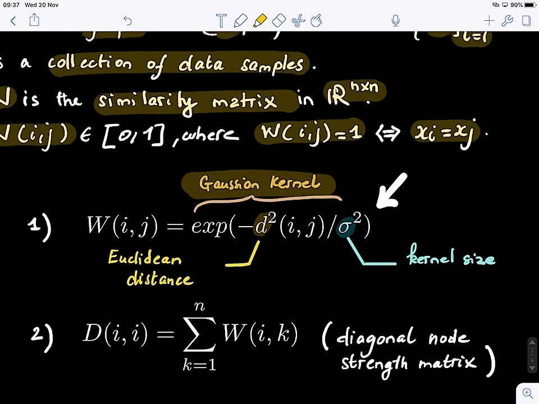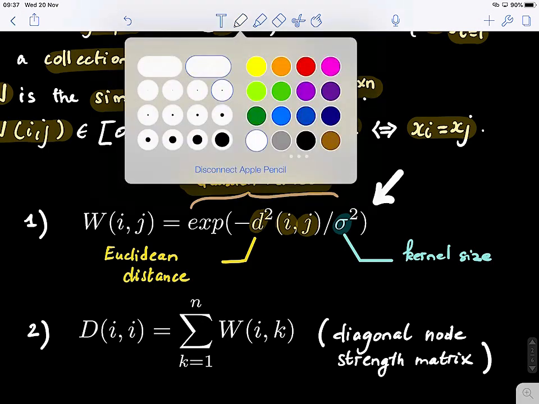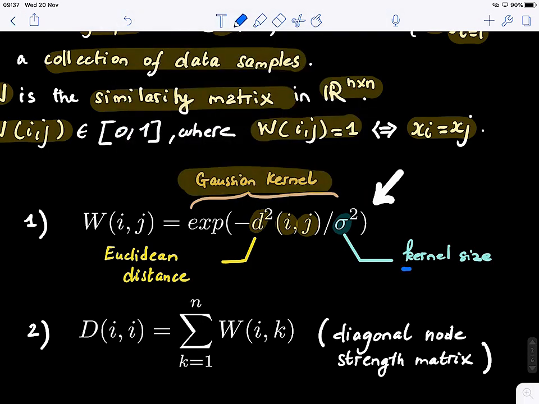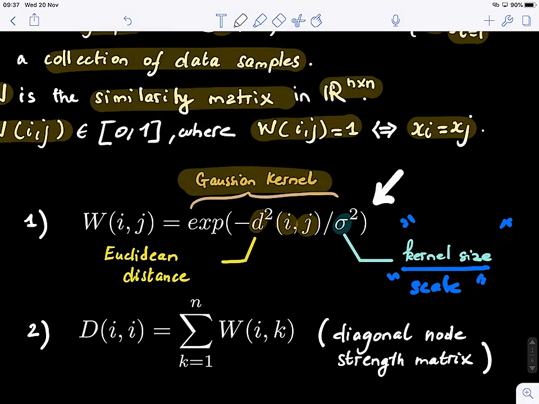So this is what we have seen before. It's simple: you have two samples, xi and xj, and this is their distance. There is a kernel size, which tells us the distance is very important. It is a scaling process, representing the scale at which we're looking at the data. Let's say your manifold looks like this. This scale is much larger than this one.